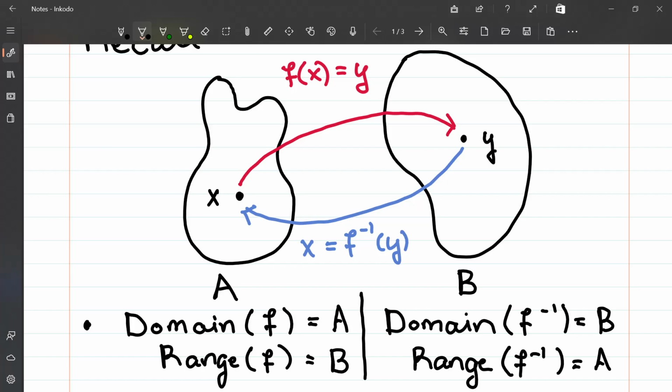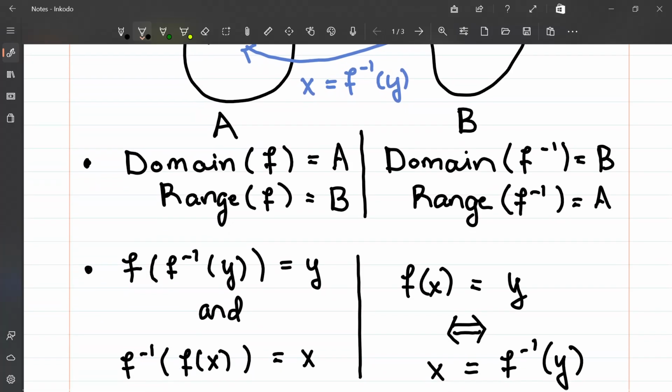Our diagram also says now, when you look at it, that the domain for f inverse ought to be B. The things that we plug into f inverse all sit in the set B, and the things that come out of f inverse all belong to the set A, so that means the range for f inverse is A, which you'll notice is the reverse of what we had before. That's very natural. That's exactly how inverses and functions work.